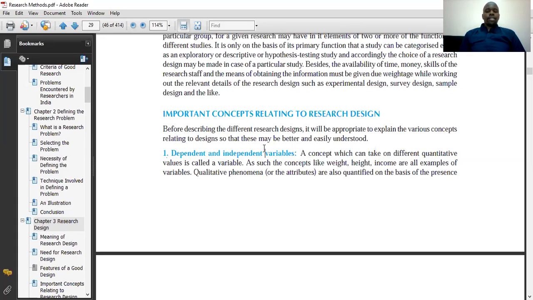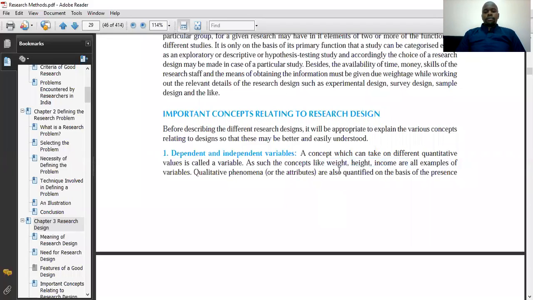A variable is a concept which can take on a quantitative value. Okay? So a variable is something like height, weight, income, population, number of days, number of years, those kinds of things in a research that can take on a quantitative value.